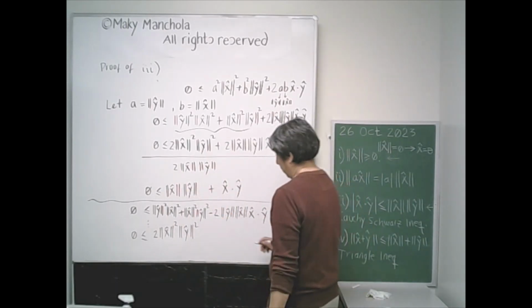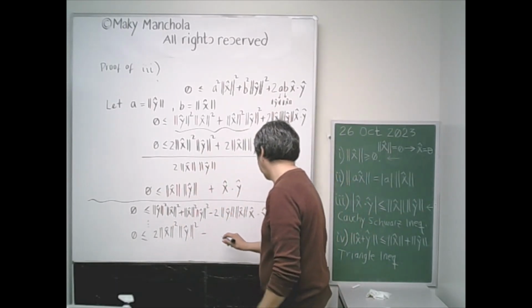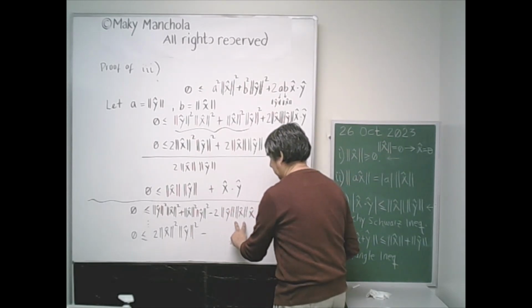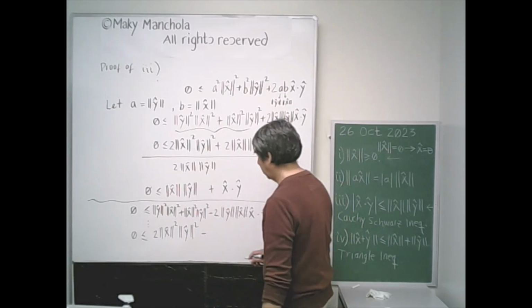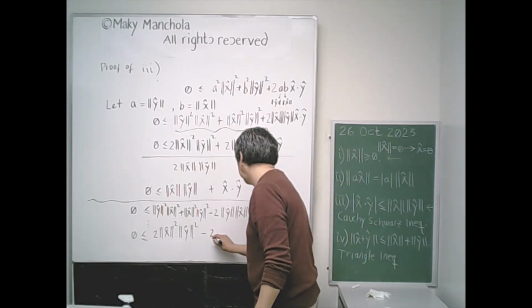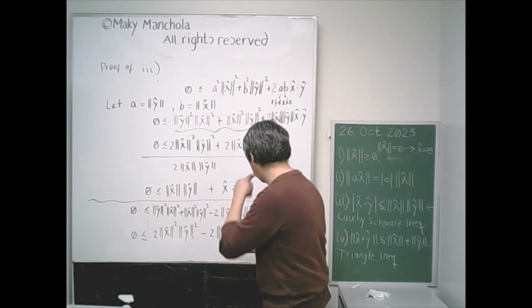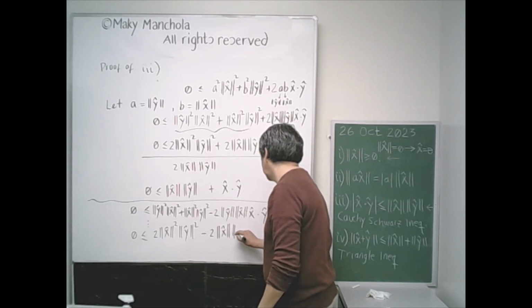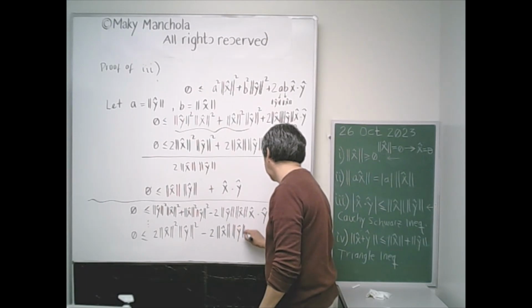And here you just get pretty much the same thing. I'll put this product in reverse order. So I get the norm of x hat times the norm of y hat, and then the dot product of x hat and y hat.